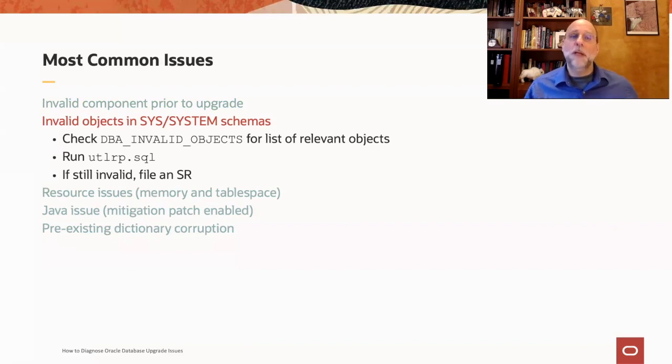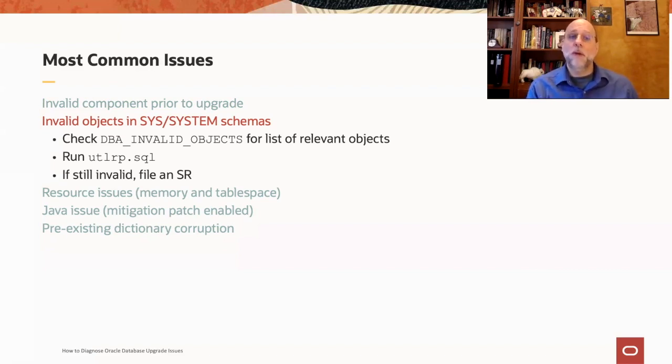And there are some cases where you'll have hundreds of invalid objects in the database, but your application's fine with that. Many enterprise applications like eBusiness Suite, SAP, JD Edwards can run with hundreds of invalid objects because they have so many different modules that may or may not be installed. And then as long as you're not using them, you're fine with invalid objects there.